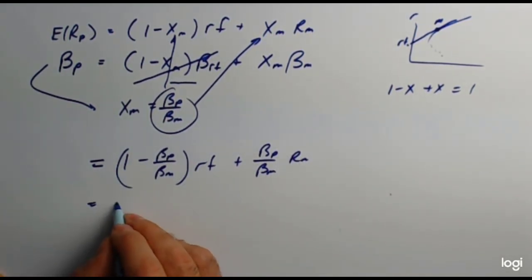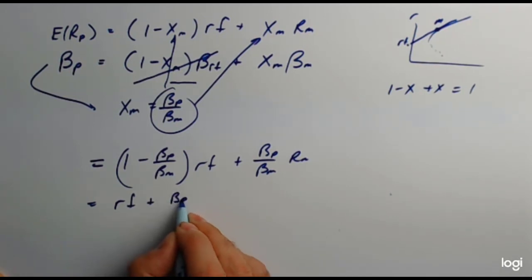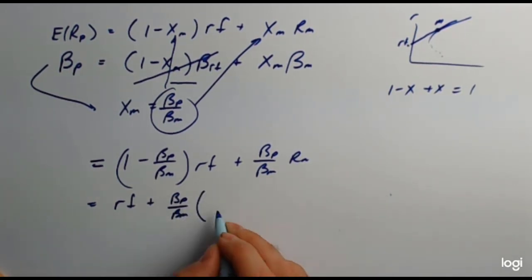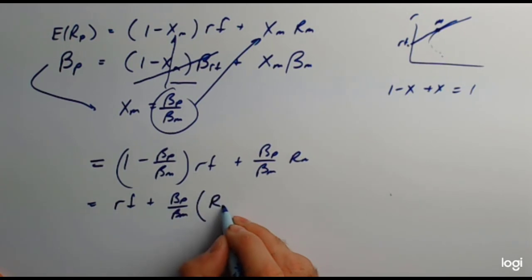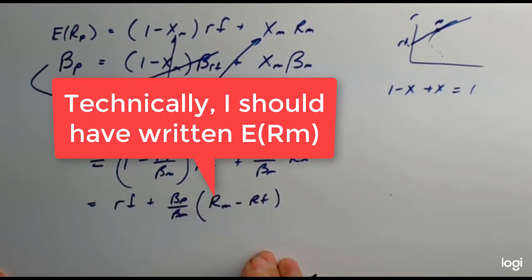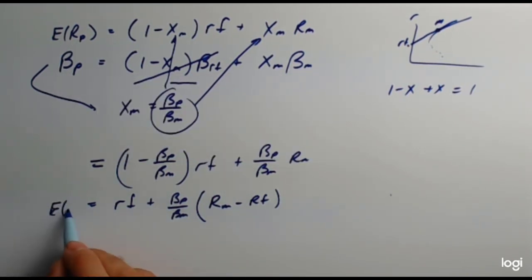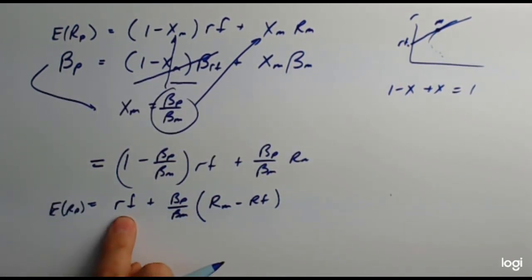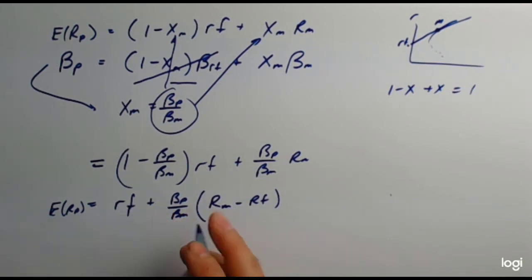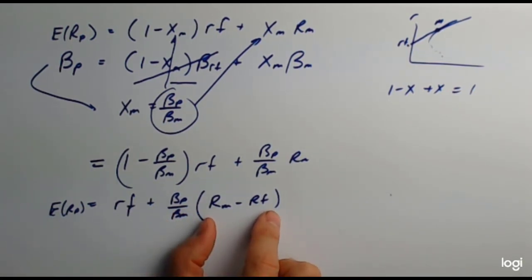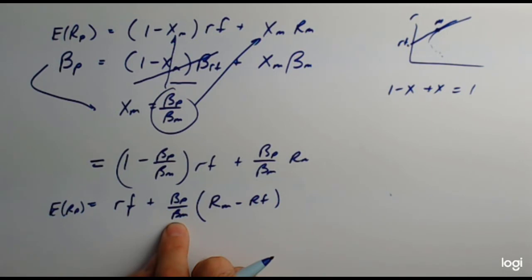Now simplify this, and spell it out here. You get that the expected return on a portfolio is the risk-free return plus the market risk premium times the amount of risk this portfolio is taking relative to the market. See that? Divided by the market.